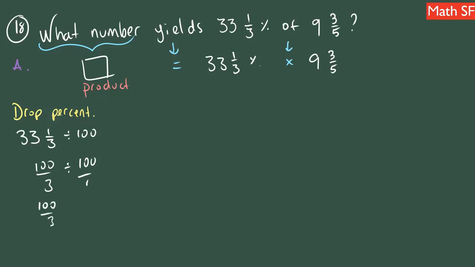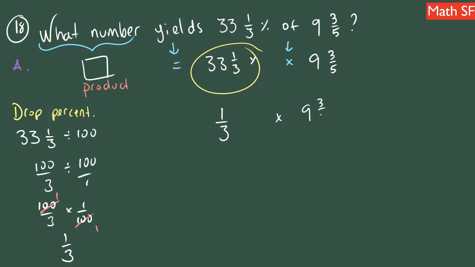Change that into a multiplication statement. Oh, wonderful. Look what's happening here. They cancel out, so you're left with 1/3. So this part here, without the percent symbol, should be 1/3 times 9 3/5.